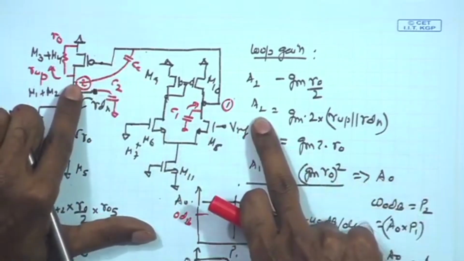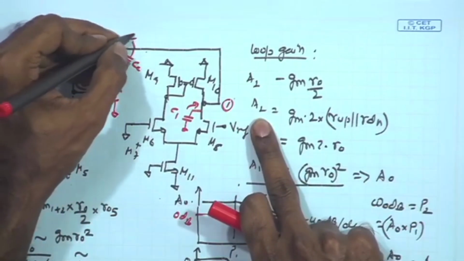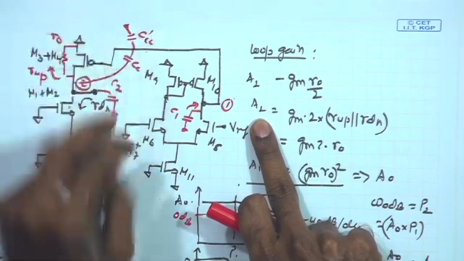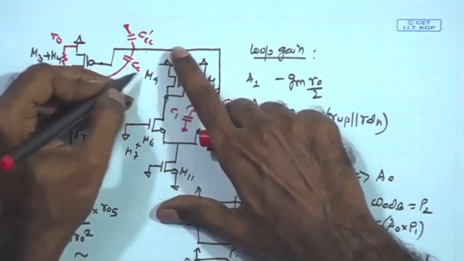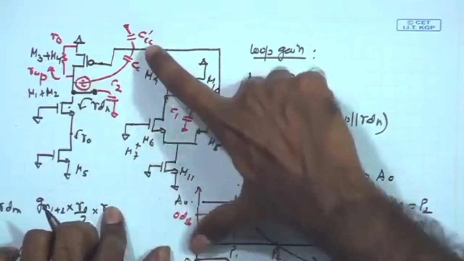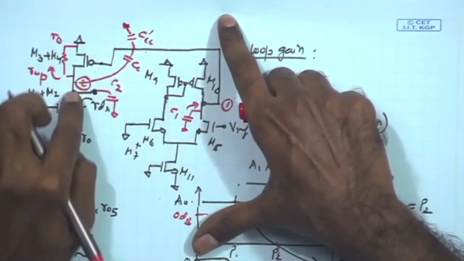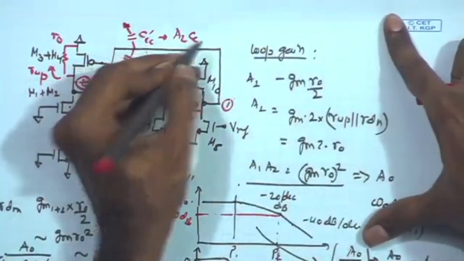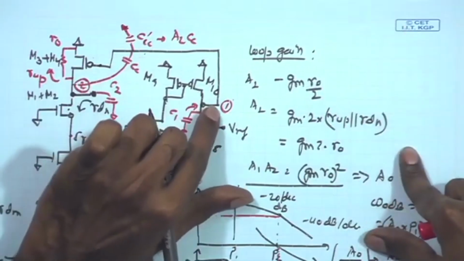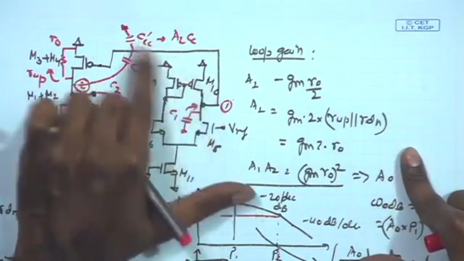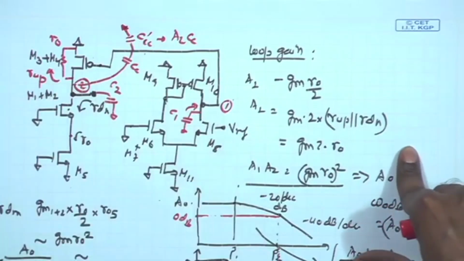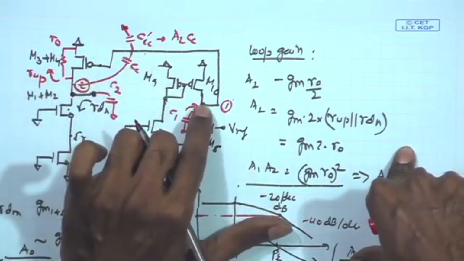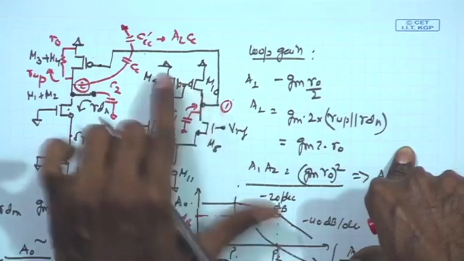And the result we expect is that C1, the equivalent capacitance coming because of this CC at node 1, will be A2 times CC, and as a result the first node over here will be experiencing a large cap, and we can push the pole over here to a much lower frequency.